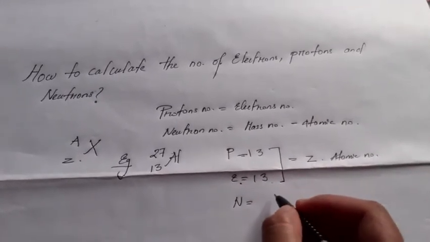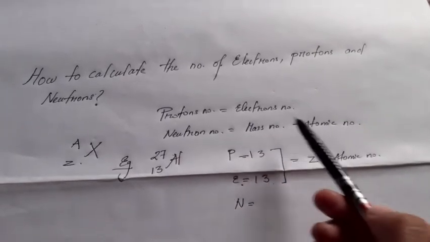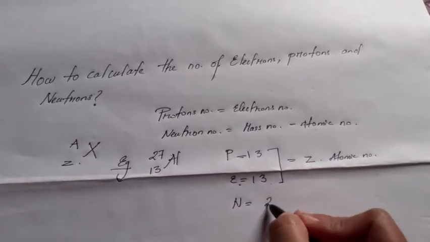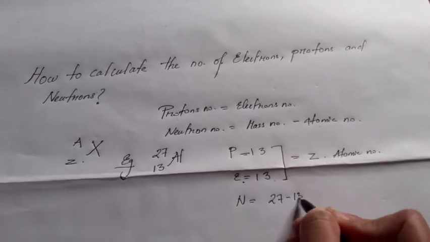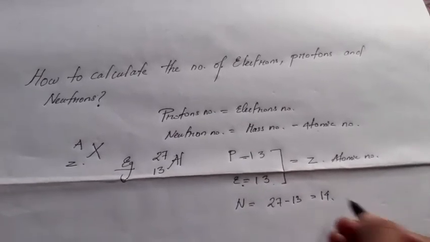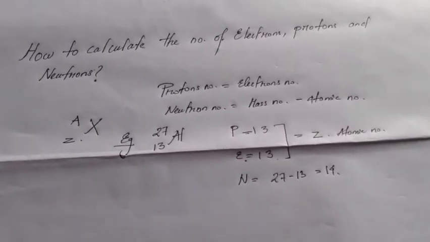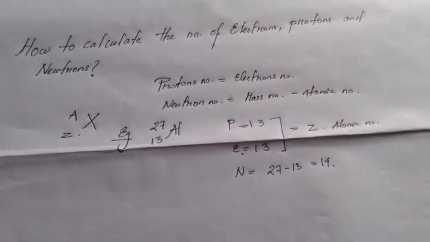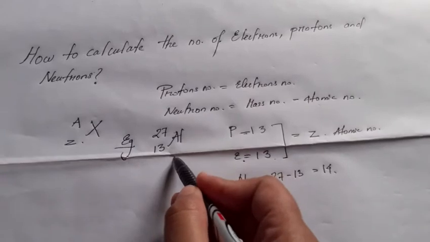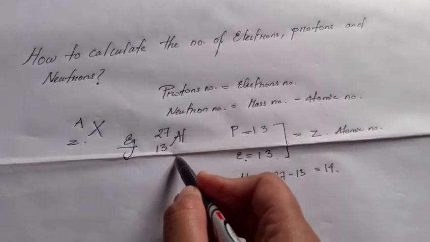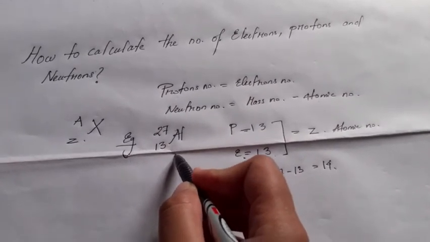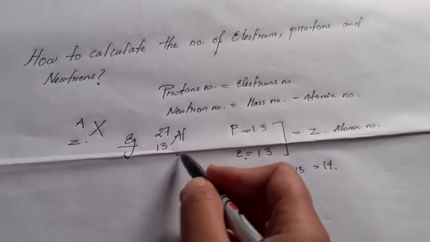To calculate the neutron number, we had already said that it is mass number minus atomic number, that is 27 minus 13, which will be 14. So it is very easy to calculate the numbers of electrons, protons and neutrons in terms of atoms.